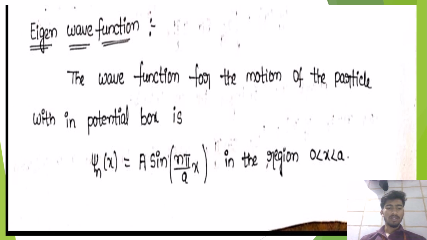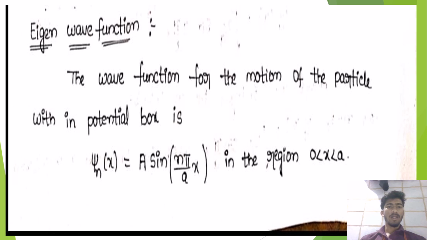The eigenvalue functions of the system describe the possible stationary states of the particle and are solutions to the time-independent Schrodinger's equation, that is minus h cut square by 2m into d square psi of x by dx square plus V of x into psi of x equals E psi.